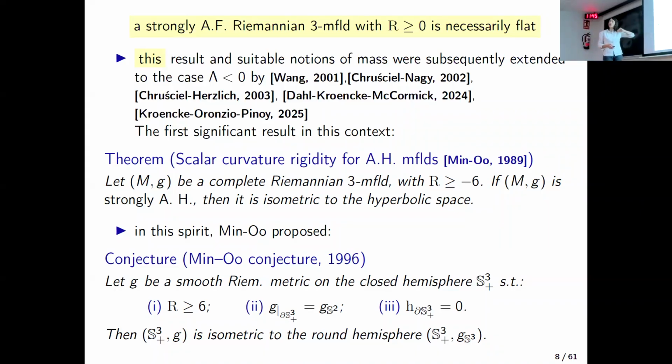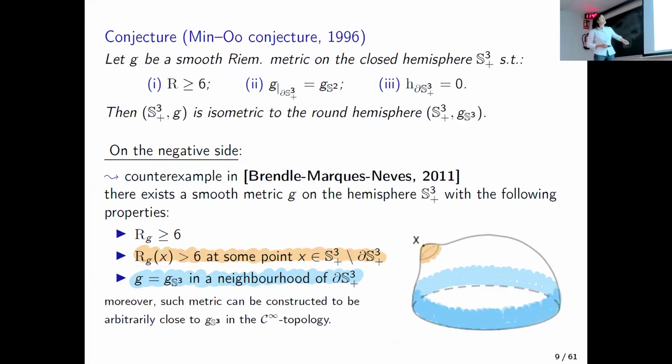So the Min-Oo conjecture was saying that if you are on the closed hemisphere and you put on it a metric with these conditions, then the hemisphere must be the round hemisphere, the de Sitter manifold. But this was not true, because in fact the conjecture was disproved by this very beautiful paper by Brendle, Marques and Neves in 2011.